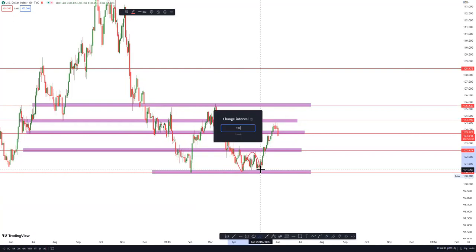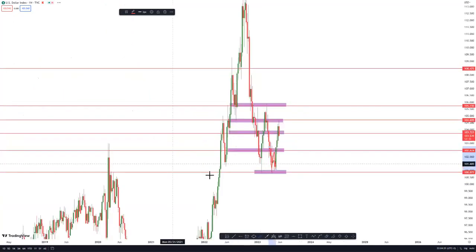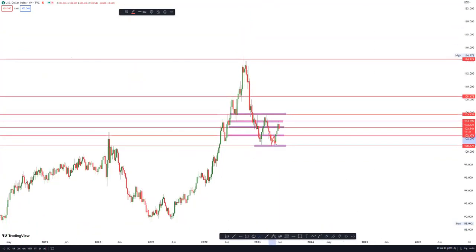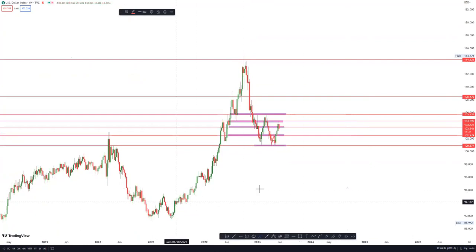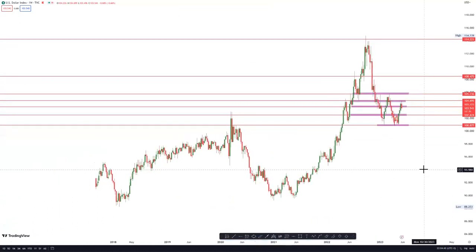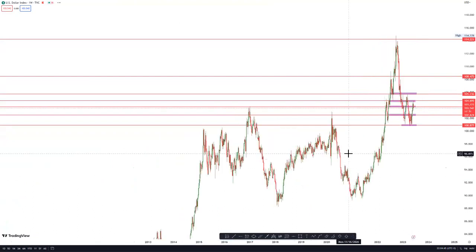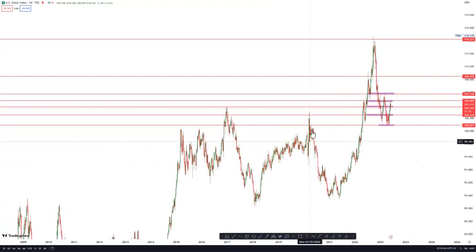And if I go to the weekly time frame, you guys will see that the place where the dollar reversed is actually a significant price level in past futures.